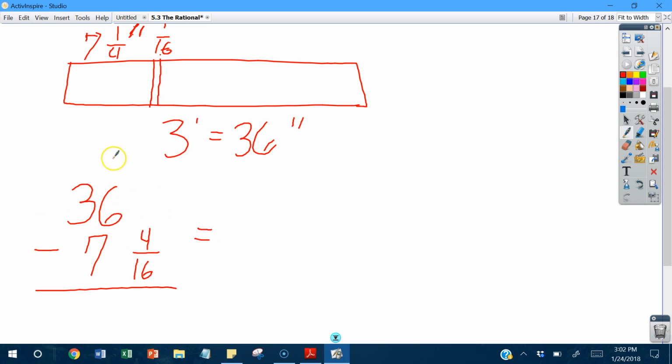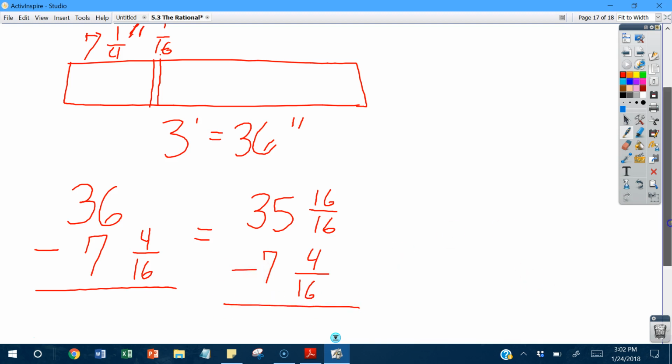So to do that, I need to make some sort of fractional part here. So I'll borrow one whole thing, 1 whole inch from this 36 inches, make it 35 inches, and then now I've got a full 16 over 16 here. So I just took one piece, turned it into 16 pieces, and I'll subtract 7 and 4/16.